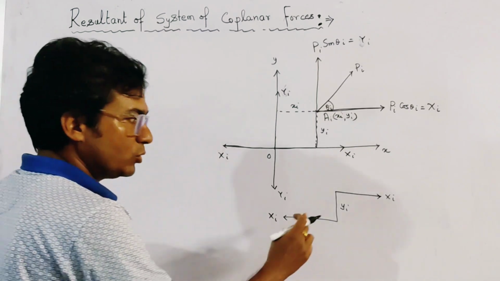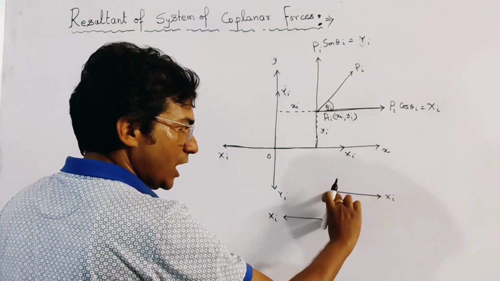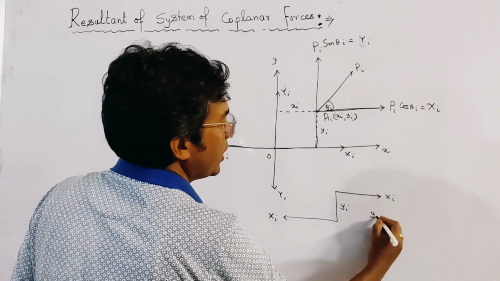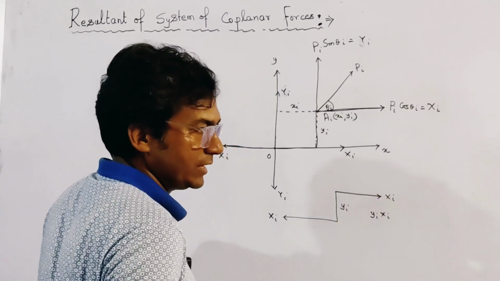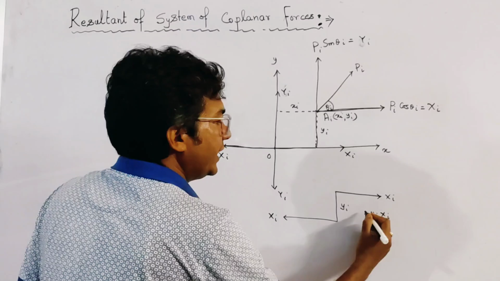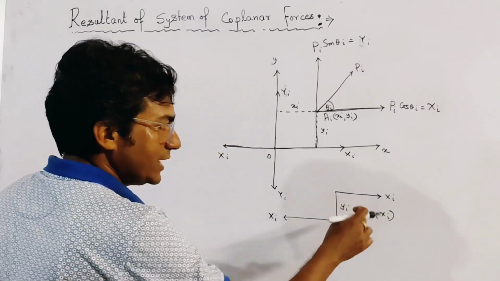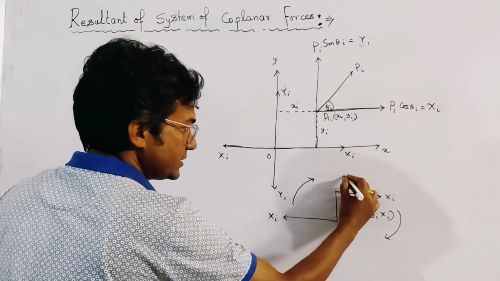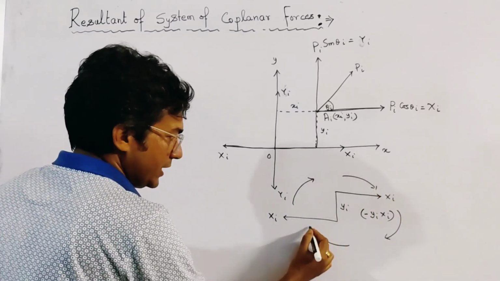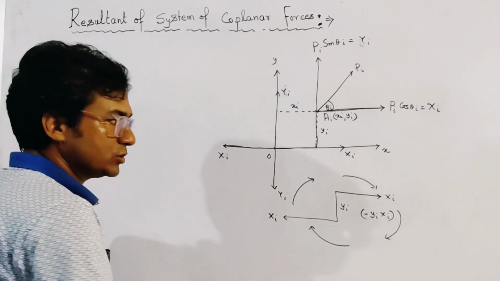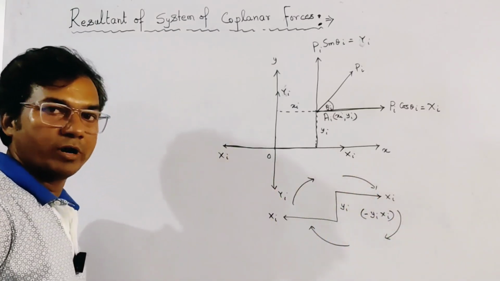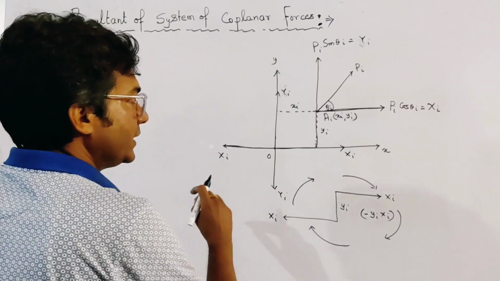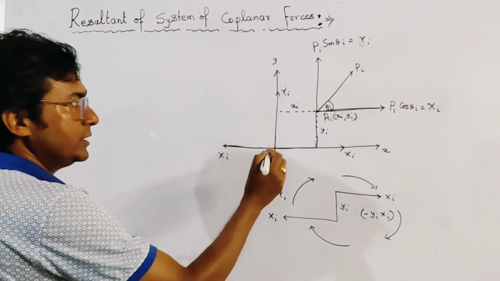The force is Xi and the arm of the couple is yi, so the moment is yi into Xi, and this is a negative couple because the sense of rotation is clockwise, so we take the negative moment of the couple.